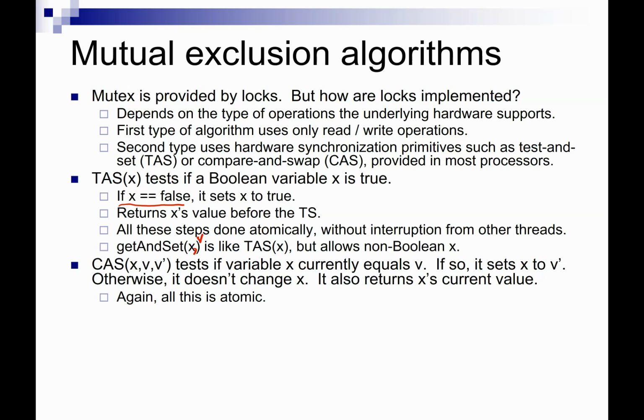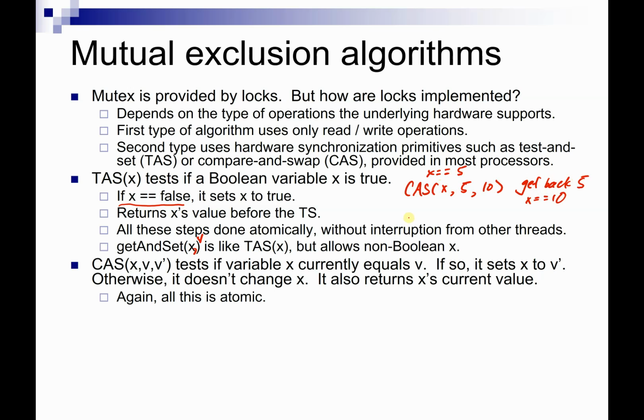For example, suppose x equals, let's say, 5 right now. If you do compare and swap of x, 5, and 10, then we get back 5 because the current value of x is 5, and then x now is equal to 10.